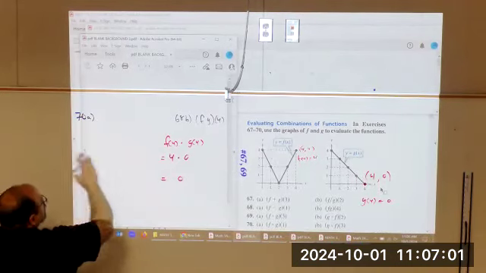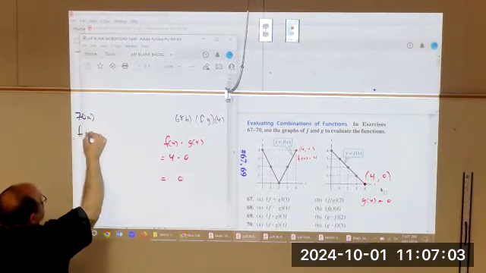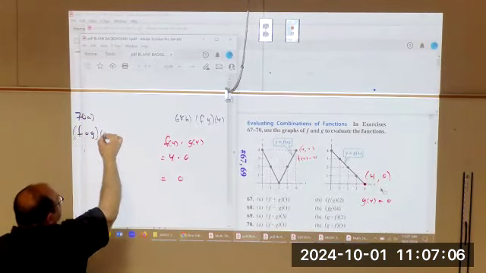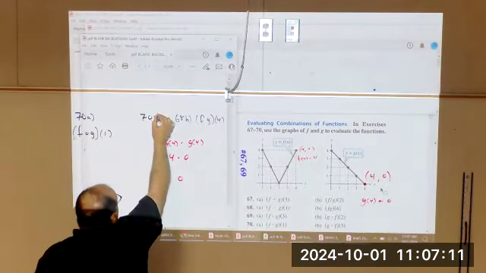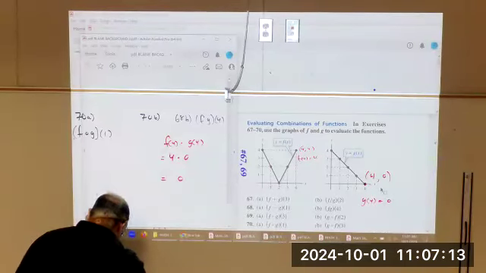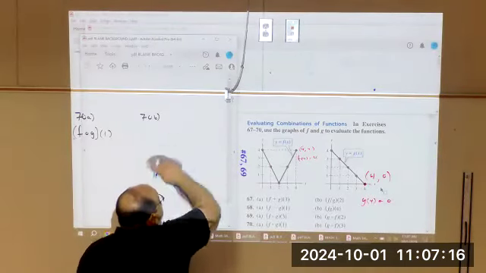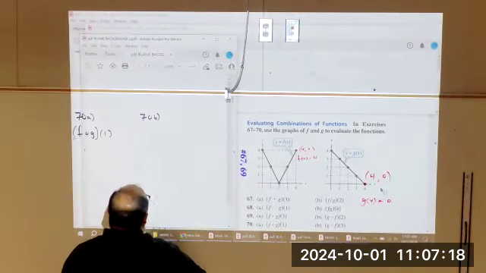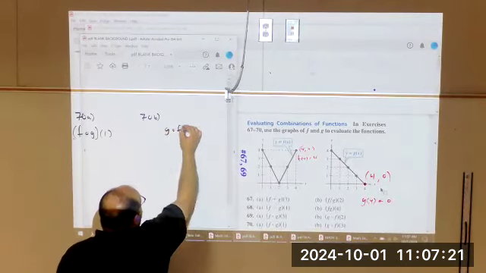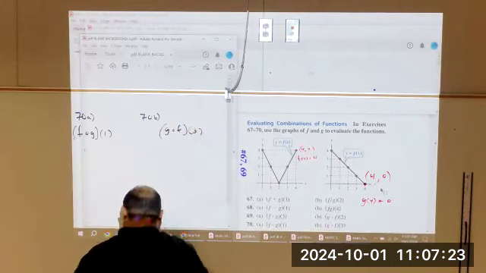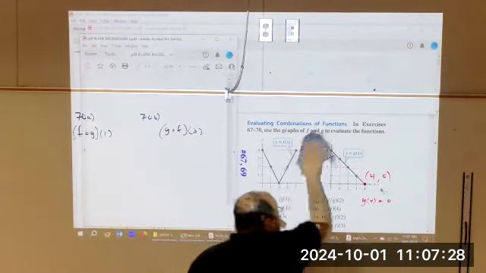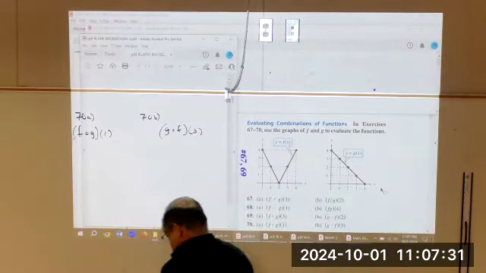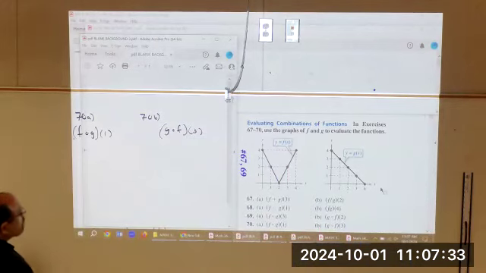Is F circle G of 1. G circle F of 2. F of G of 1, rewrite this.